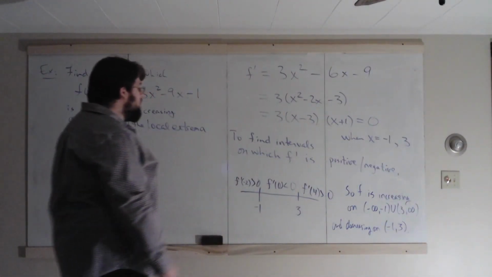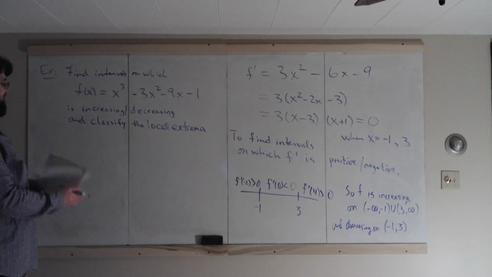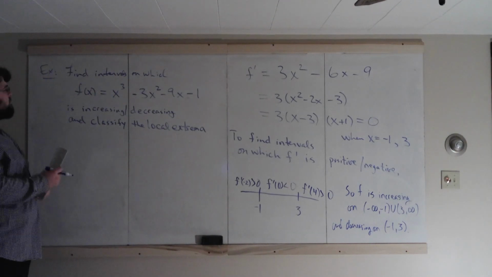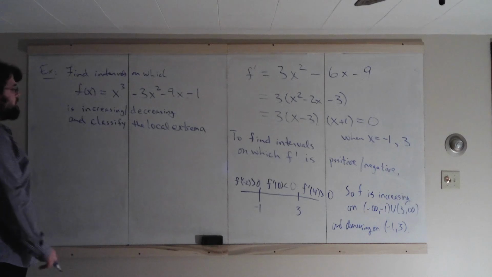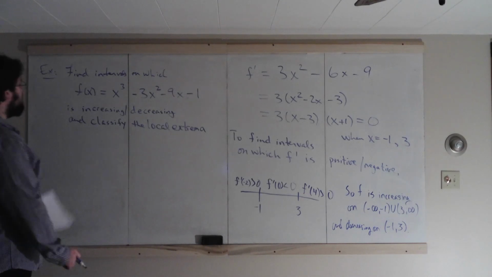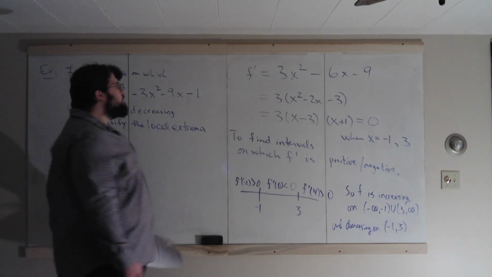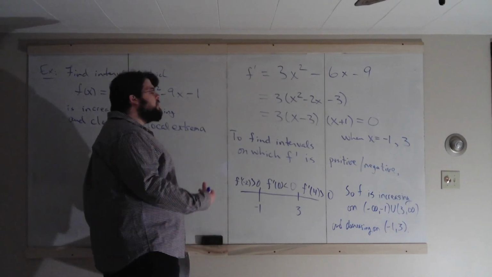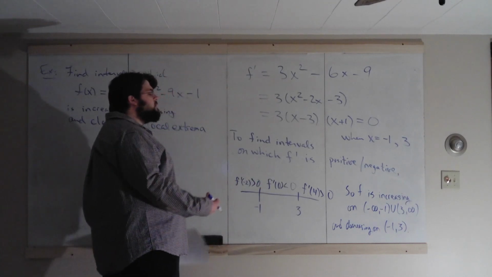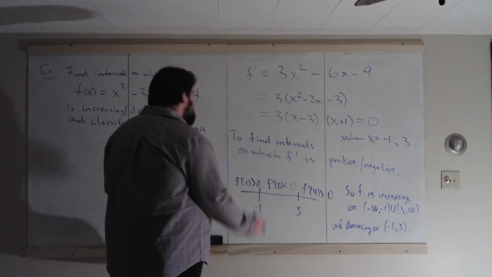Well, that's half of the answer. Find the intervals on which f is increasing, find the intervals on which it's decreasing. Well, we found them. But now we need to classify the local extrema. And you could directly use the terminology of the first derivative test to classify the local extrema.